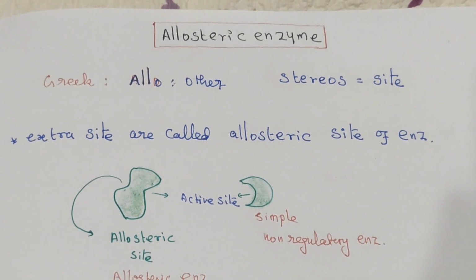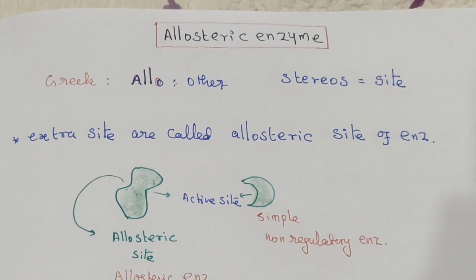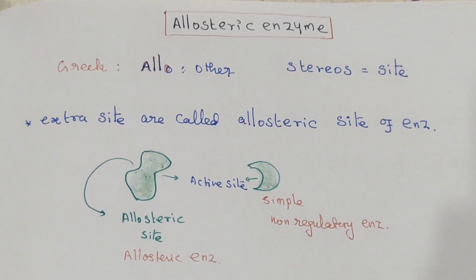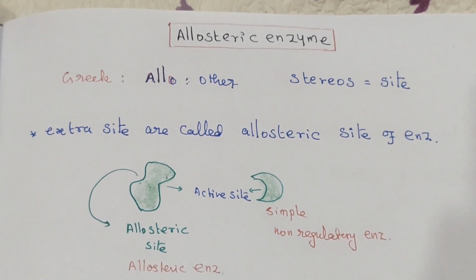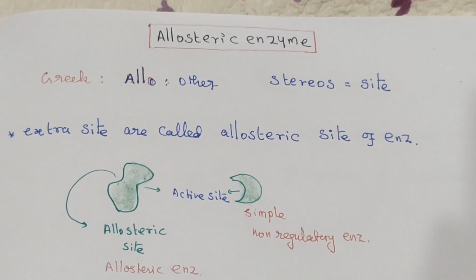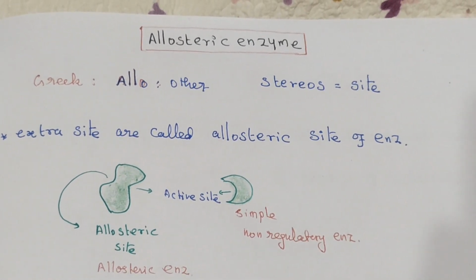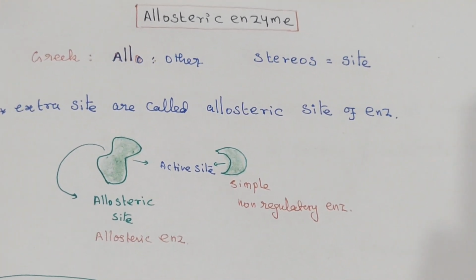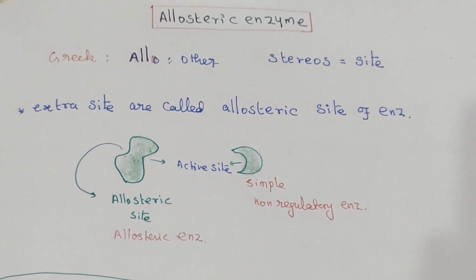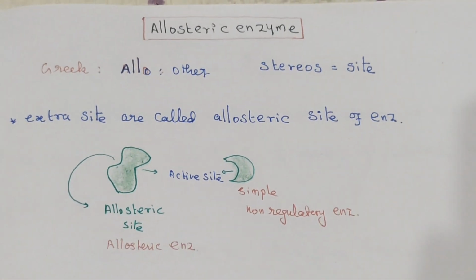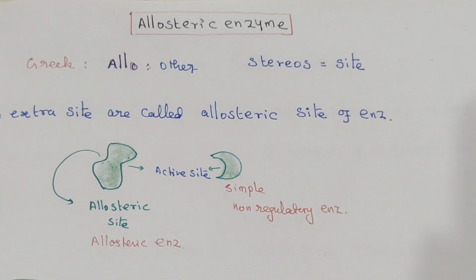In this video, we'll discuss allosteric enzyme. What is an allosteric enzyme? Allosteric is derived from Greek. Allo means other. Stereos means site or space. So, they are enzymes which have an extra site, in addition to the active site.